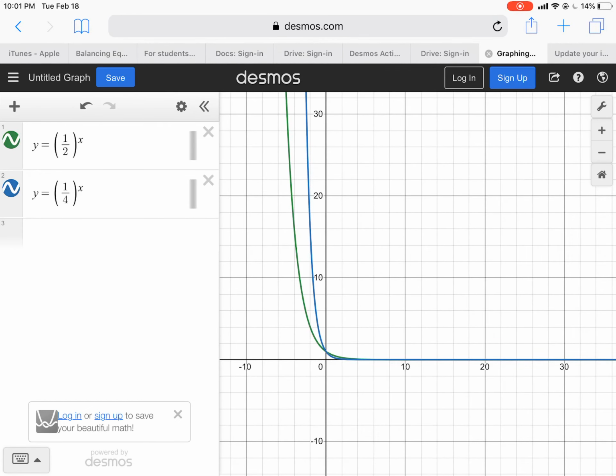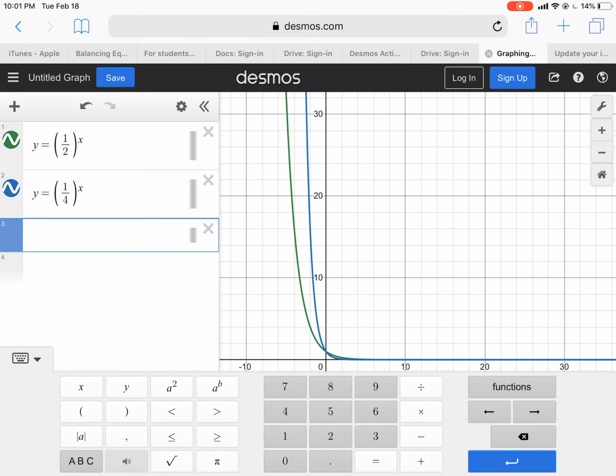Okay, so now we're looking at the blue. So 1/2, 1/4 is smaller. And let's go bigger. Let's go y equals 1/10. We'll just put in 1/10 so you can see the difference there.